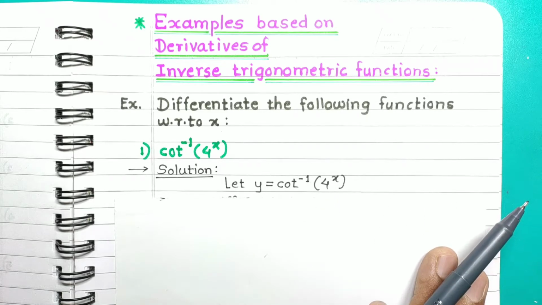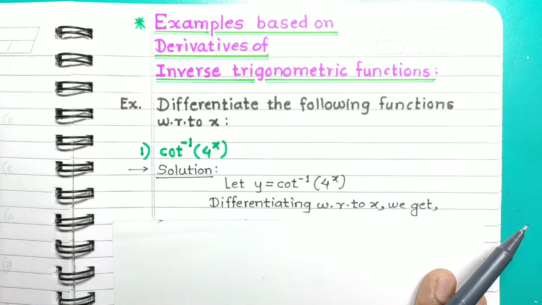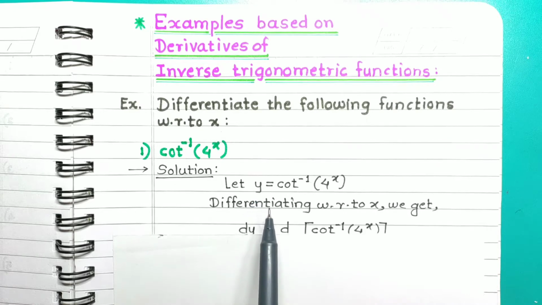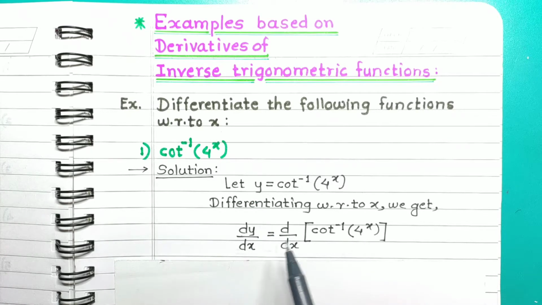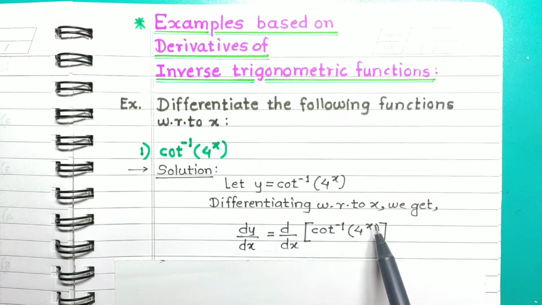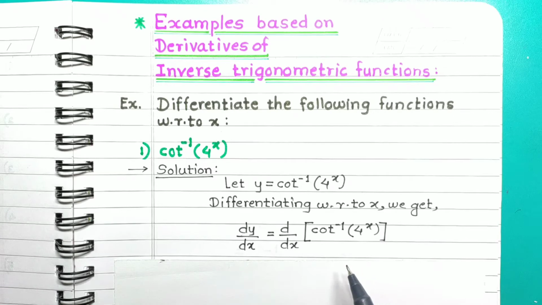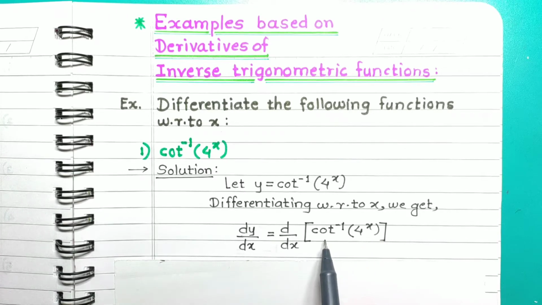So differentiating with respect to x, we get dy by dx, and derivative of d by dx of cot inverse of 4 raised to x. Here we observe that this is a composite function.